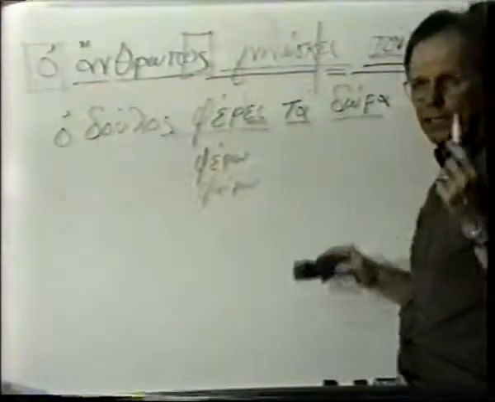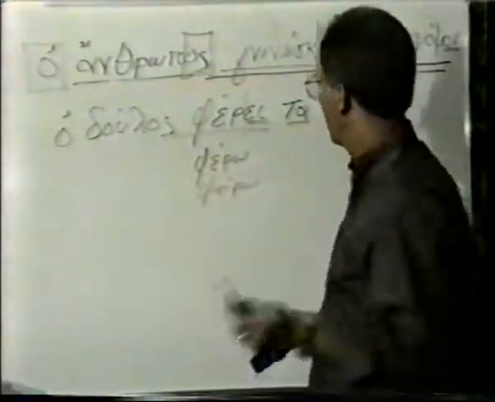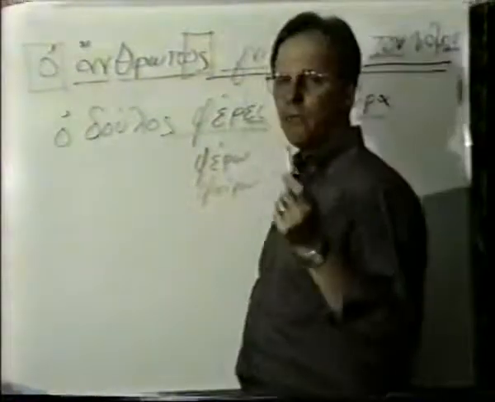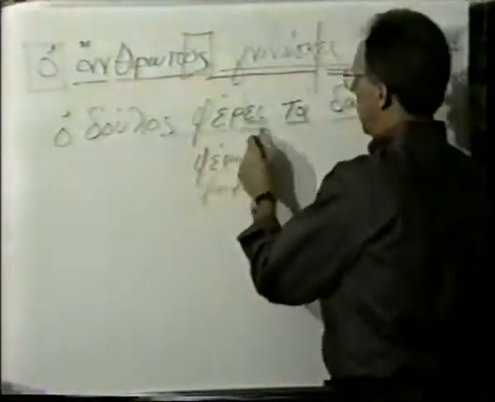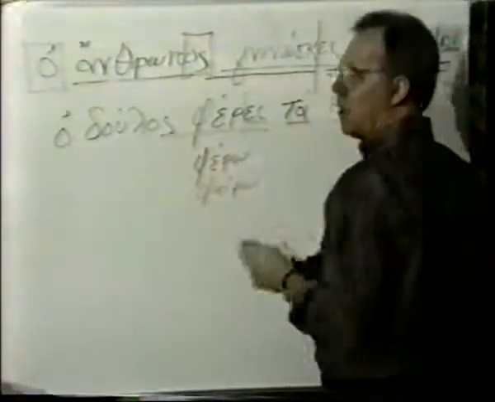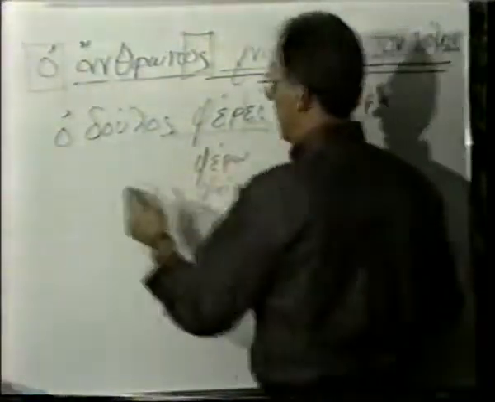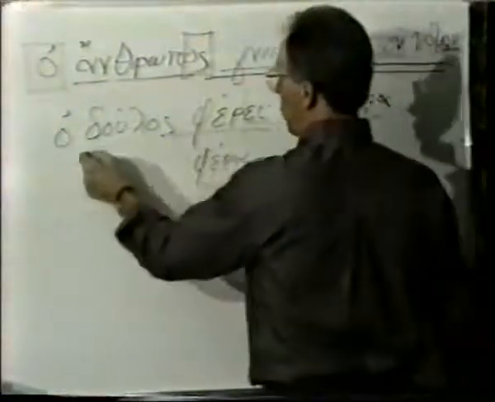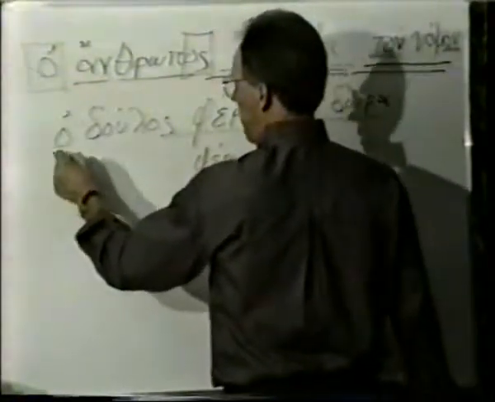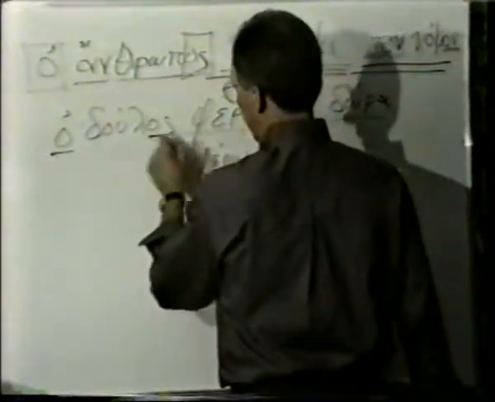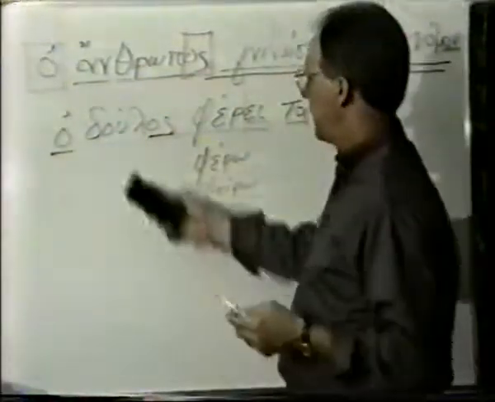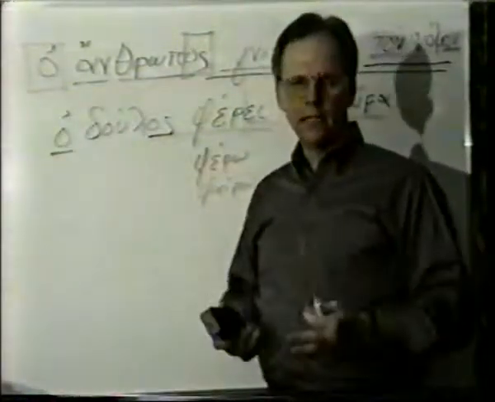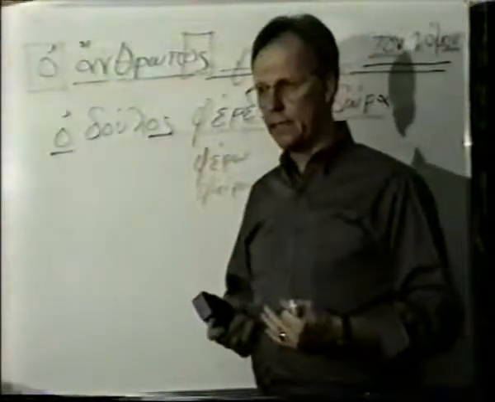Feri, singular, third person. Therefore, we must find a subject that will agree with this third person singular. We come here and we find, first of all, a subject, doulos, and we see by the article, as well as by the ending in this case, that it is singular and it is nominative case.